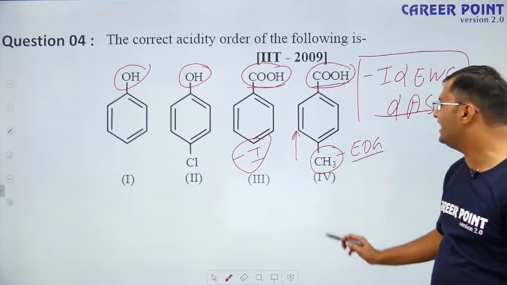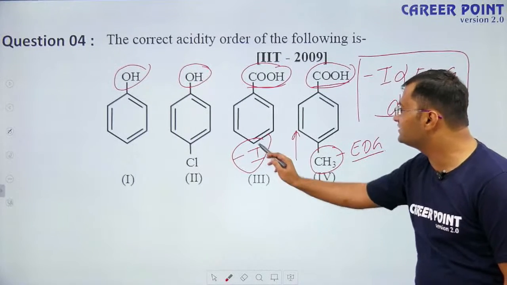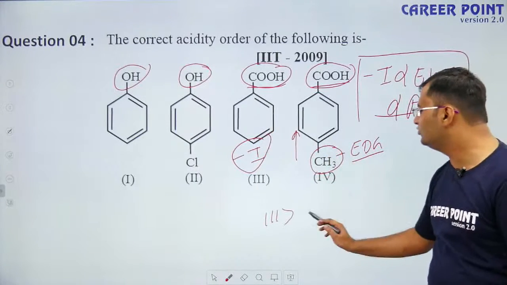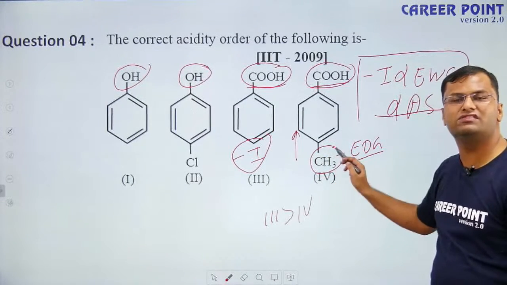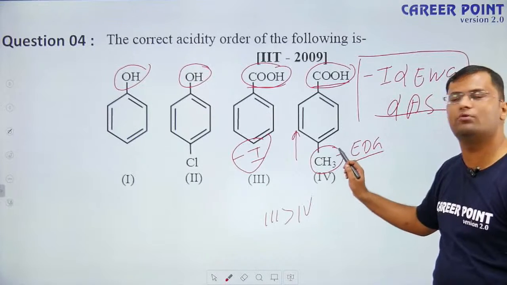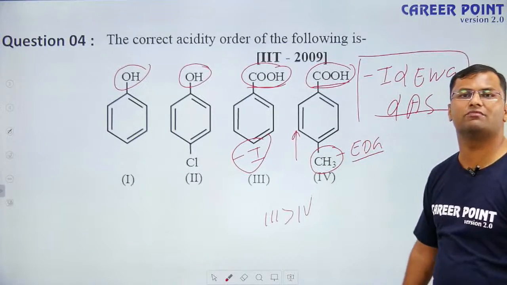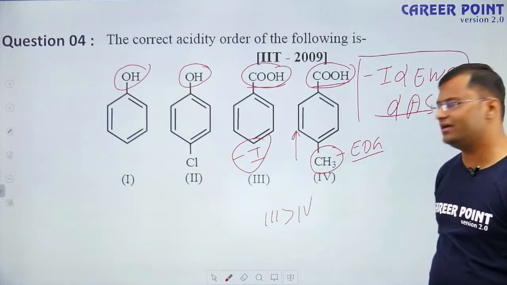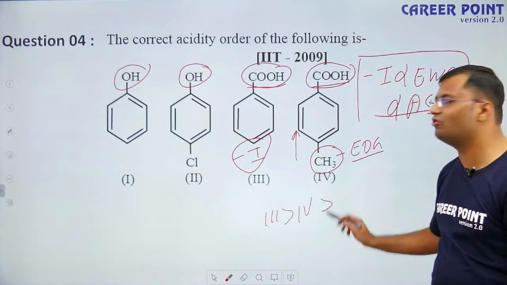So first we have to write third. This is more acidic as compared to this, because this consists of CH3, which is an electron donating group. It decreases the acidic strength of the compound. So first we will write 3 and after that we will write 4.